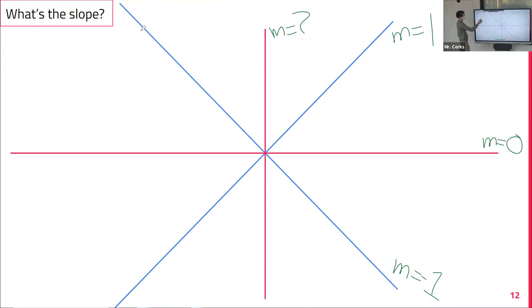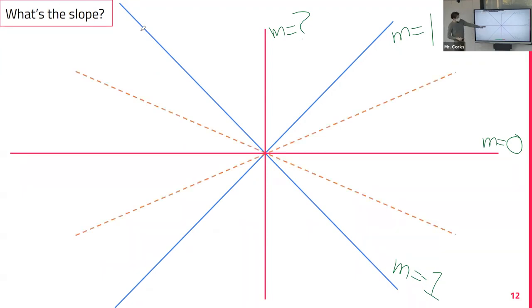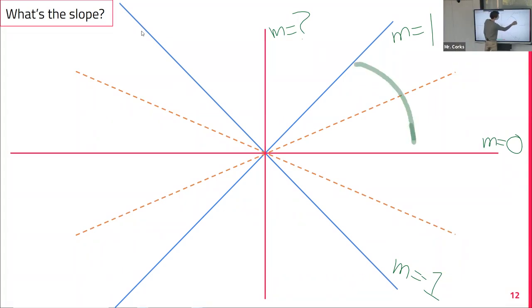0 here. So those kind of ranges, we can say, well, these orange ones are going to be somewhere between 1 and 0 here, and then 0 and -1 down here.